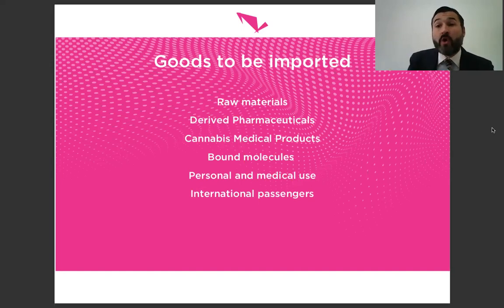We don't know, but probably you know better what products or raw materials are required for the production of a specific product. Let's say an ointment, you are familiar with that.